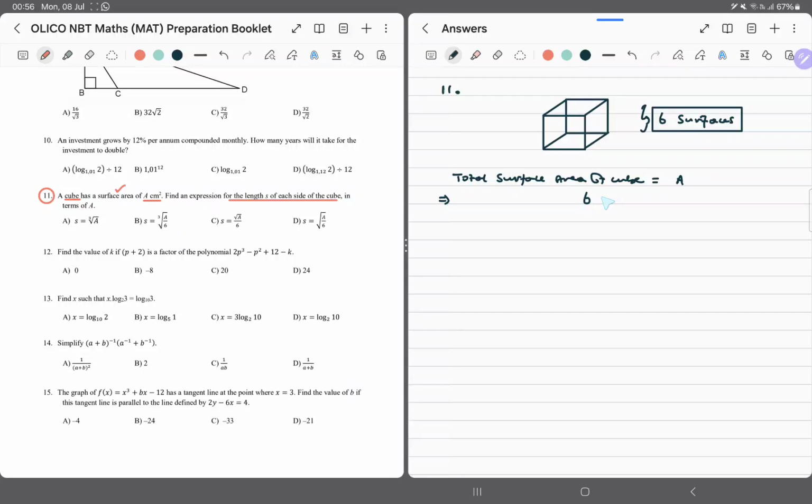There's 6 of them, so we can say 6s squared equals A. Then this implies that s squared is going to be A over 6. Therefore, the side is going to be equal to the square root of A over 6. Of course, this is centimeters.